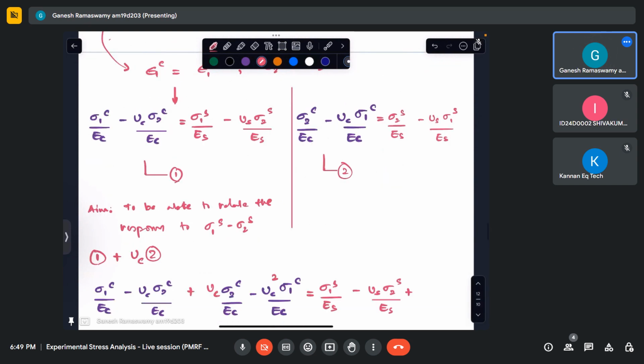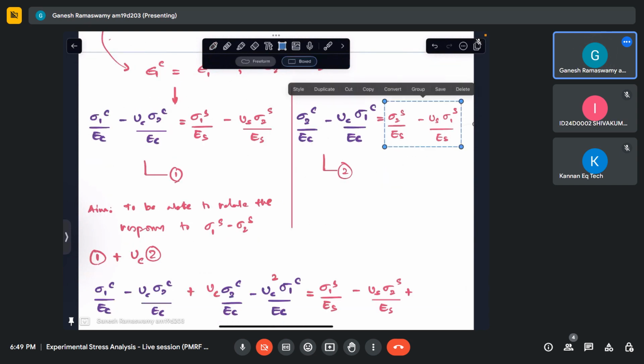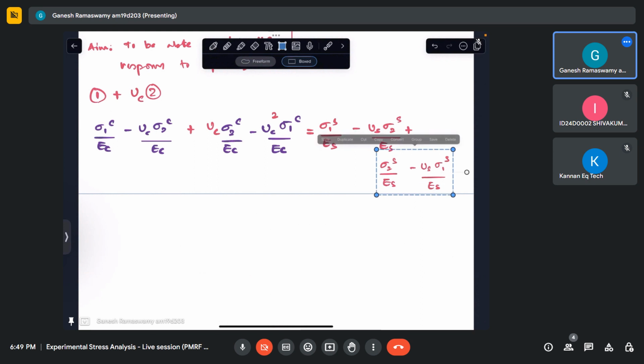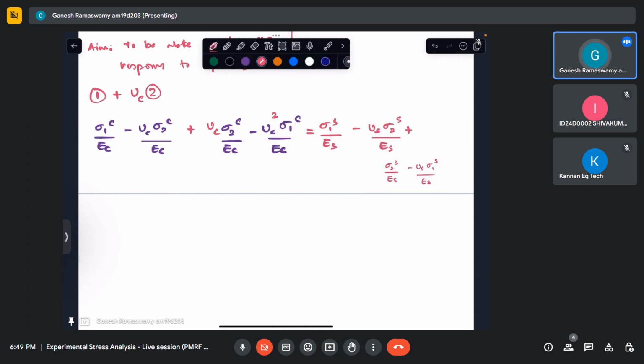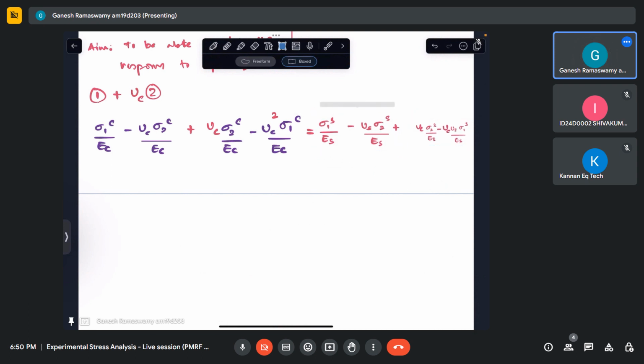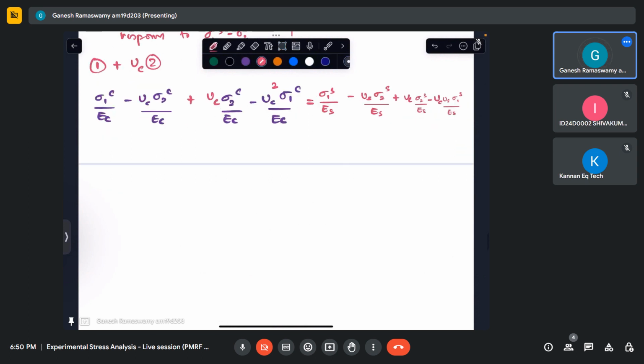So I just need to put this here. Yeah. So on rearranging, basically I will get sigma 1c from here, and then I have this one.